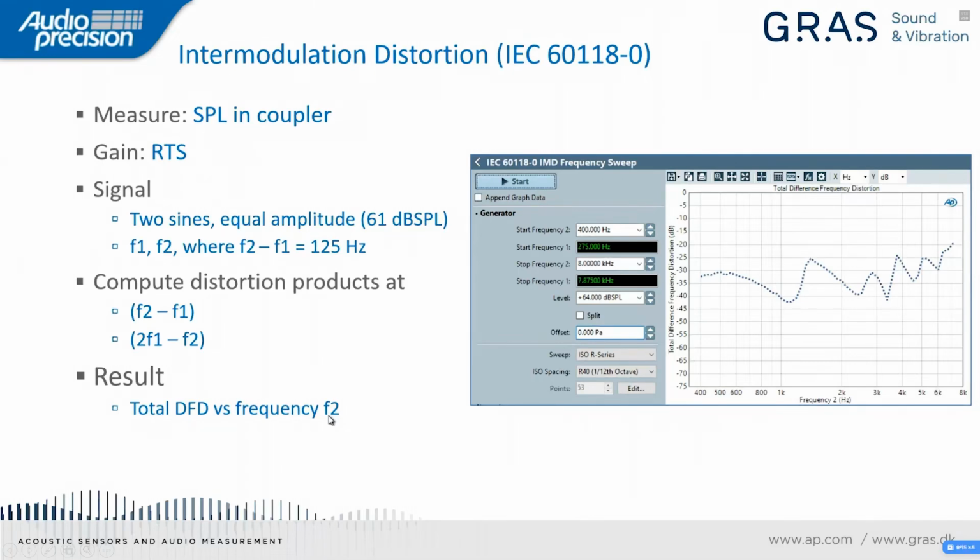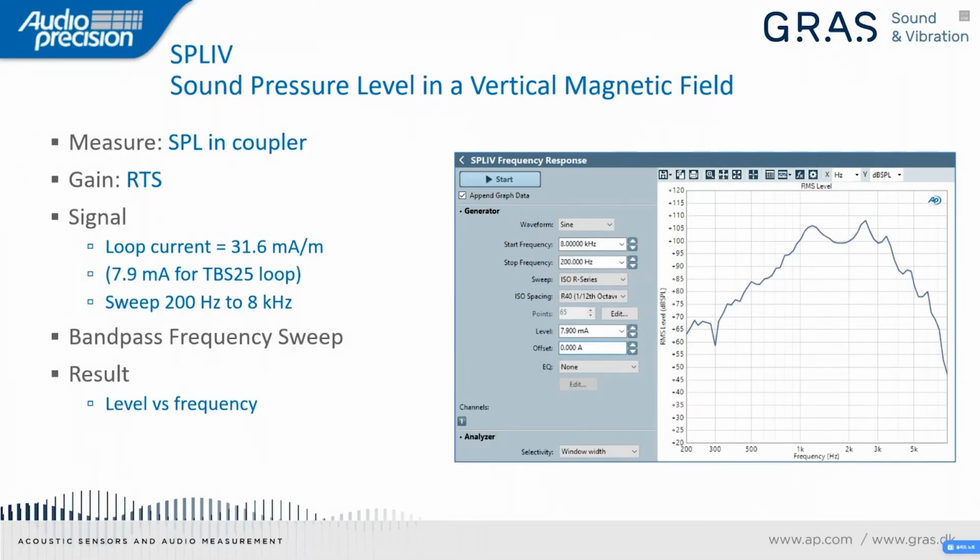This is one of the measurements for hearing aids with a telecoil. It's called the SPLIV, or sound pressure level in a vertical magnetic field. In this case, again, we're measuring the SPL in the coupler with the gain of the hearing aid at RTS, but the signal in this case is not acoustic input. It's a magnetic field being generated by the loop in the hearing aid test box.